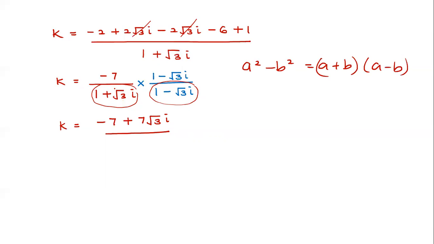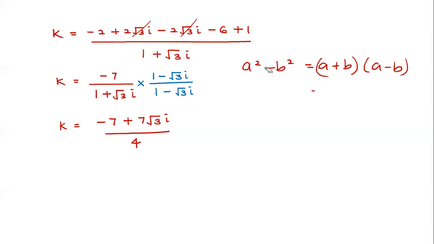You see here got one positive, one negative. So you're going to get 1 square minus square of 3i square. So this one is 1 minus, this one is going to be plus 3. So your answer going to be 4 at the bottom.